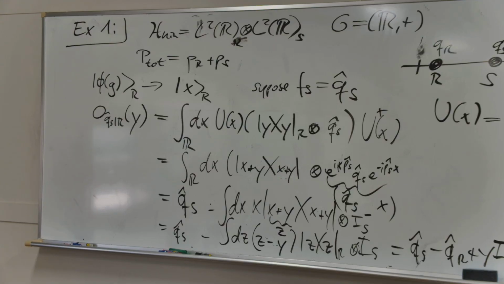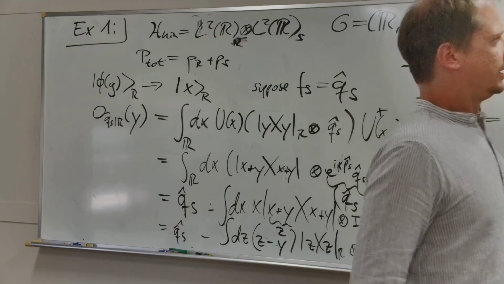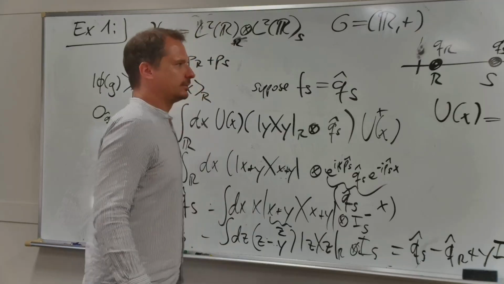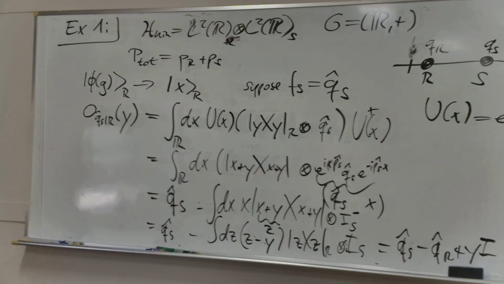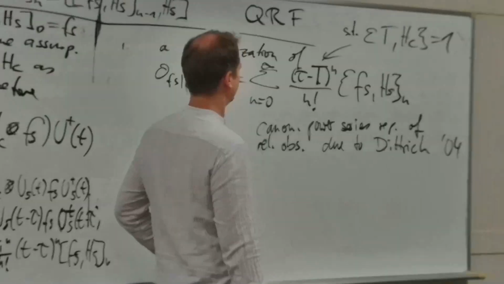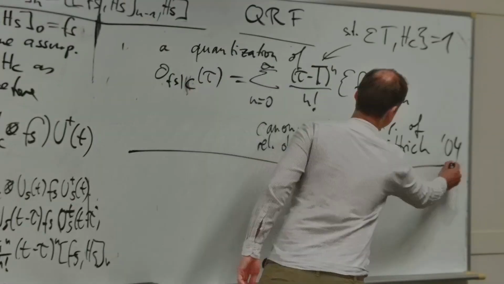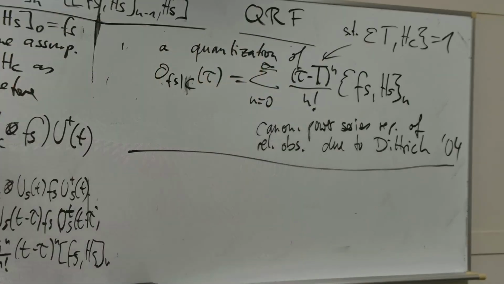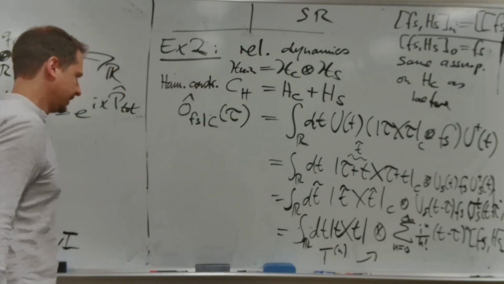But the importance is that in order for this form to be true, and this power series is written in more general ways than what I'm explaining here, the clock must be classically conjugate in a Poisson bracket sense to the clock Hamiltonian. Okay, so that's just to answer Yuki's question, at least for this type of relational observables.